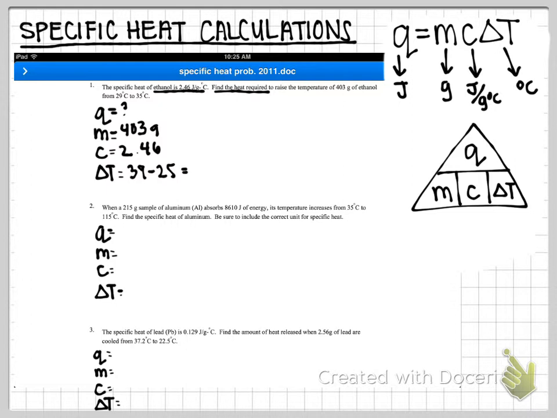And so then we need to plug it all into our equation. We are solving for Q, so we just need to multiply them all together. Q equals mc delta T, which equals the mass, 403, times the specific heat, 2.46, times the change in temperature, which is 14.